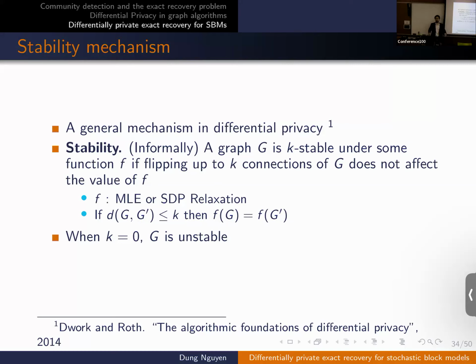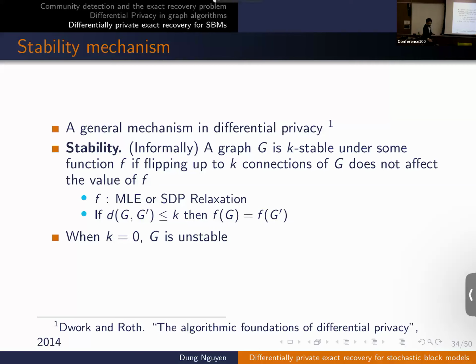Which means that if a graph is k-stable, then any neighbor within distance k will have the same output of f, like this equality here. So when k equals 0, which means that when you change one edge of the graph and the output of function f changes, we call that graph unstable.